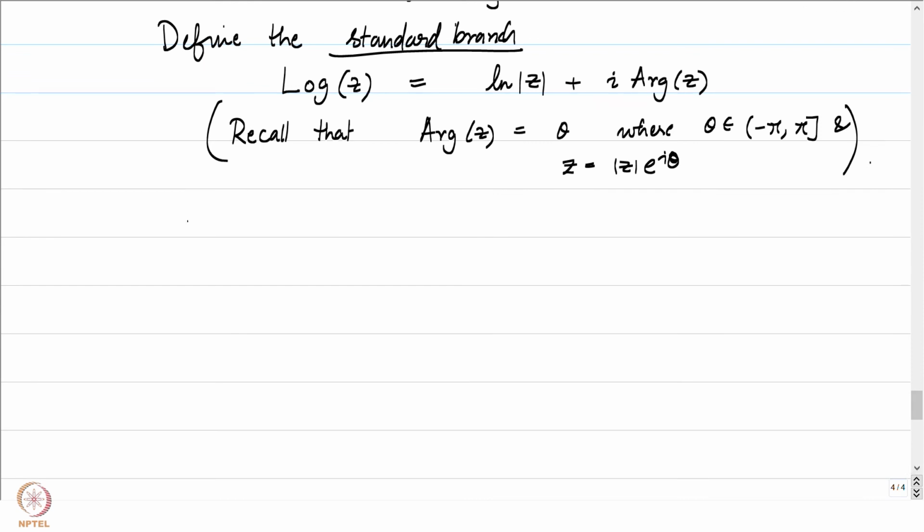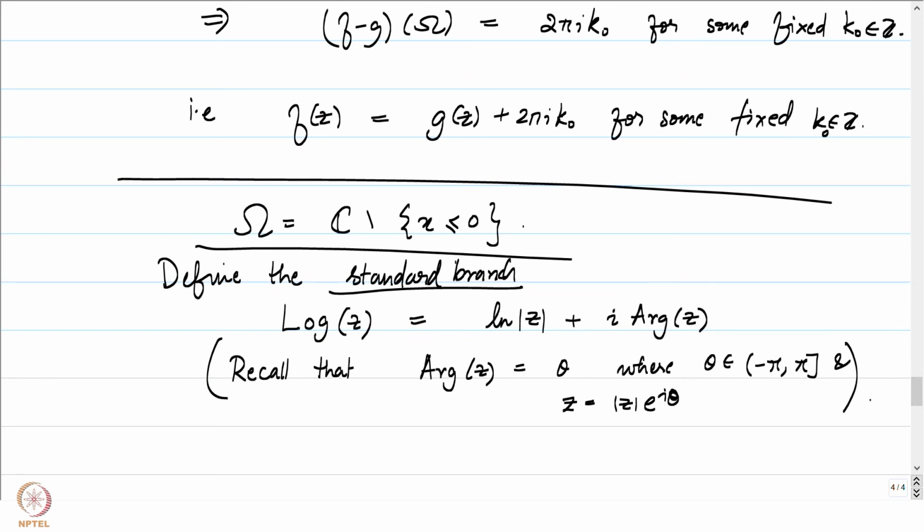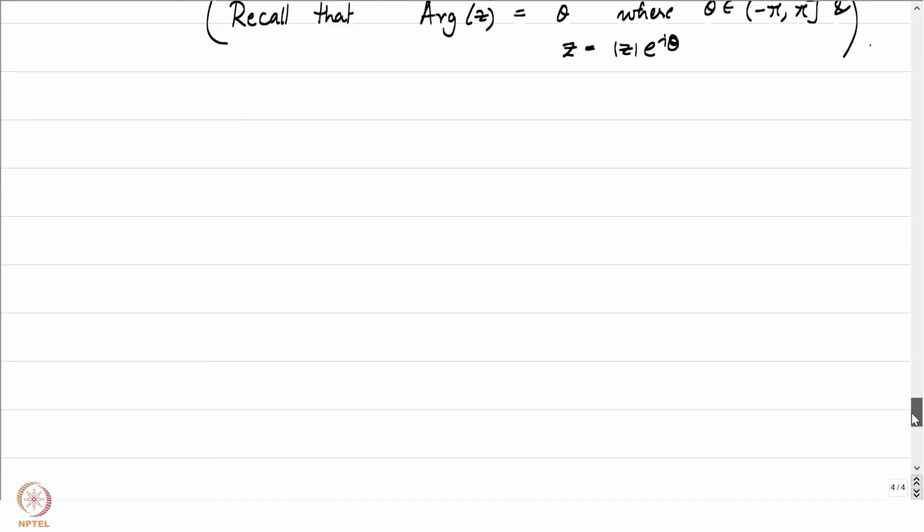And notice that if we focus on this domain omega, that's again another exercise. Sit down and check that this function capital Log of z is continuous on C minus the negative real numbers.